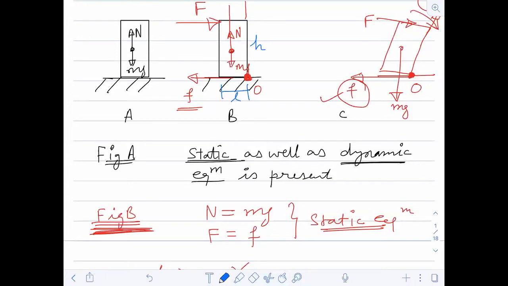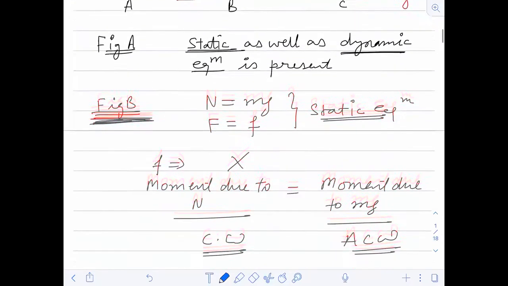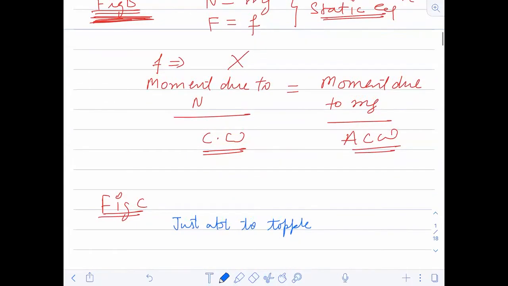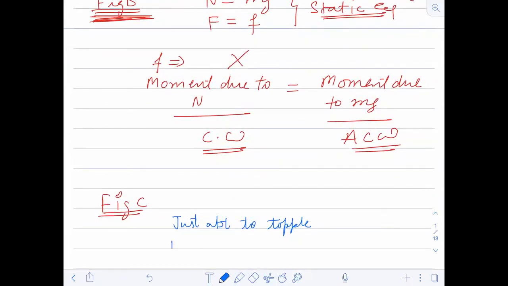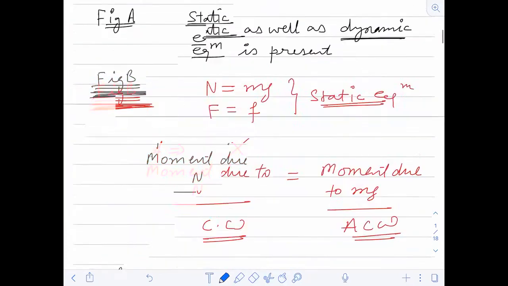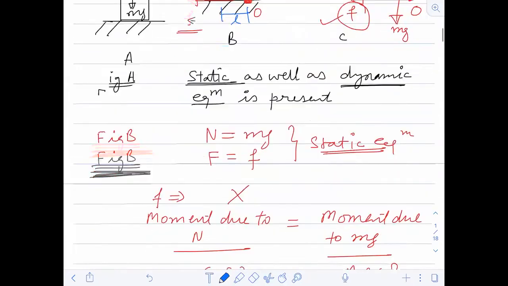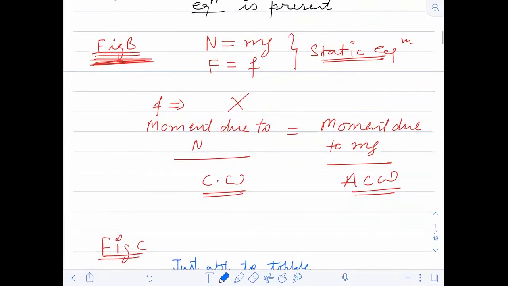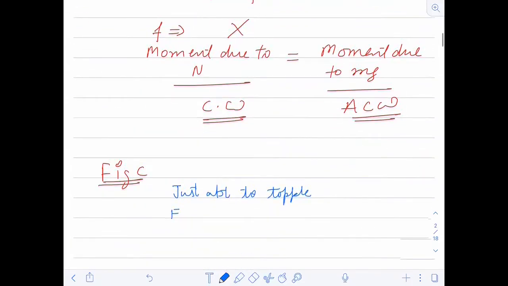The torque offered by F will be F and this vertical height h, so F into h.